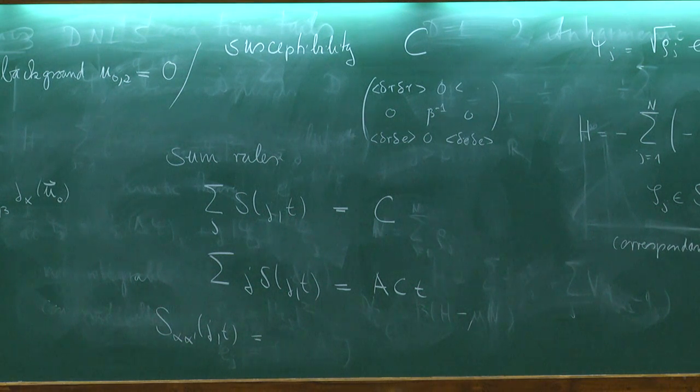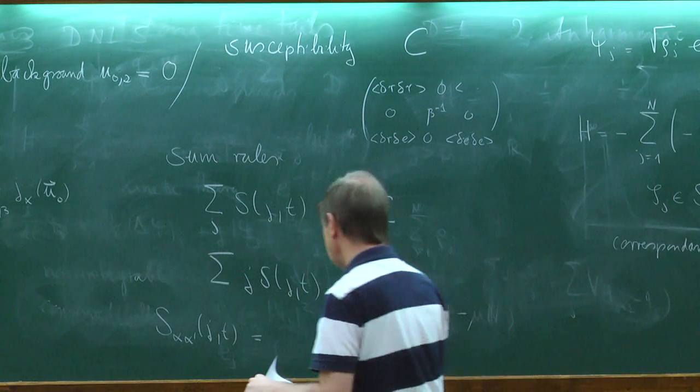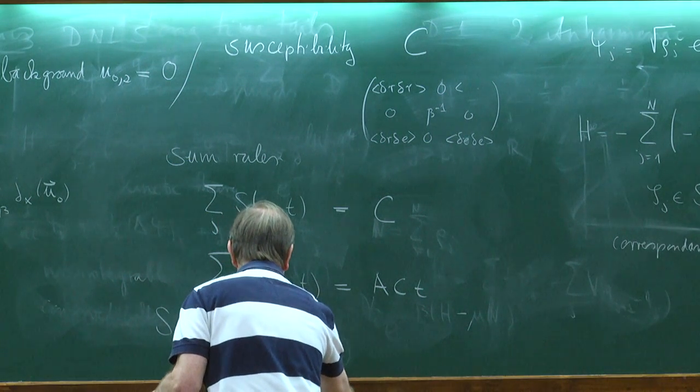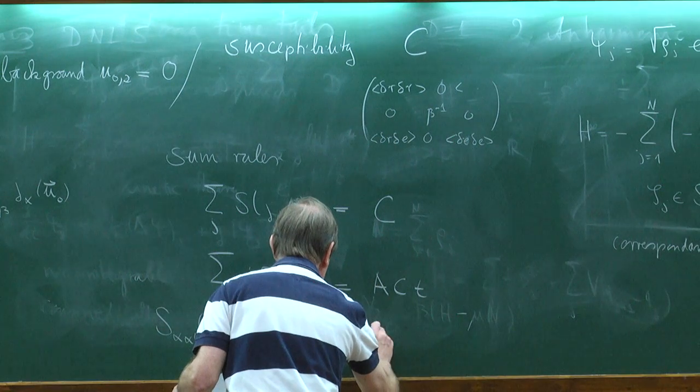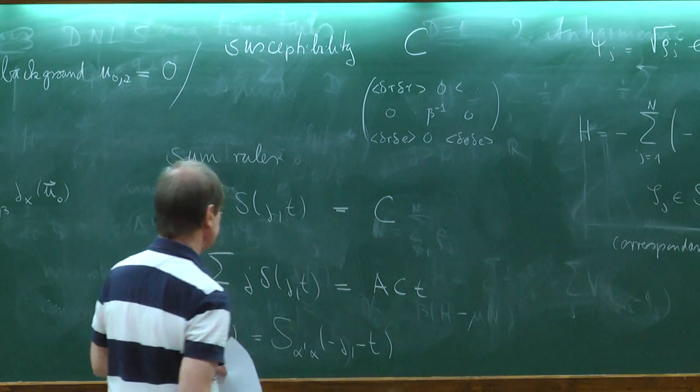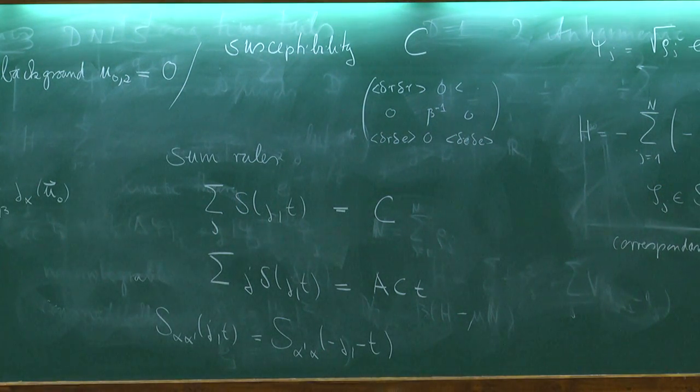This J I shift over here, and this J I shift over here. Then of course it becomes a minus, and then it becomes a minus. But then I have the alpha prime sitting here. So this is actually equal to S of alpha prime, the transpose, at minus J, minus T. So that's the stationarity.